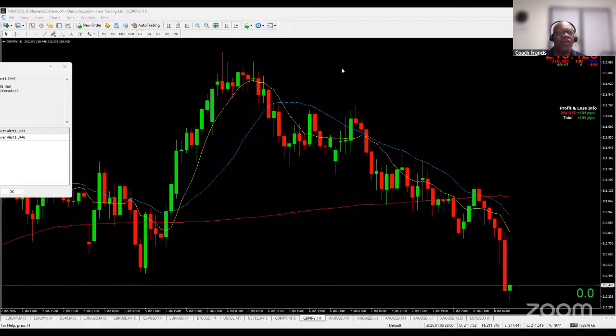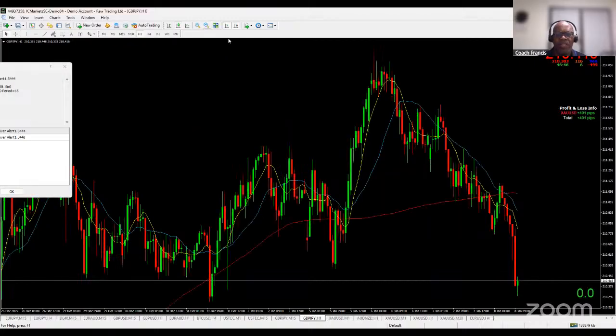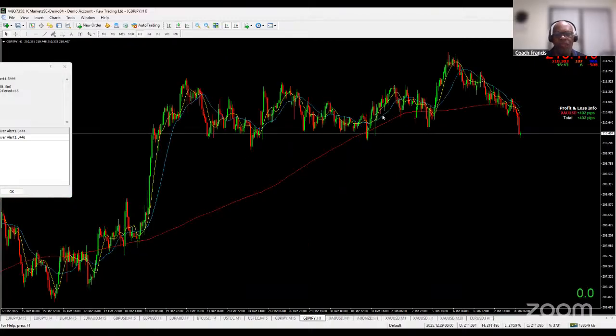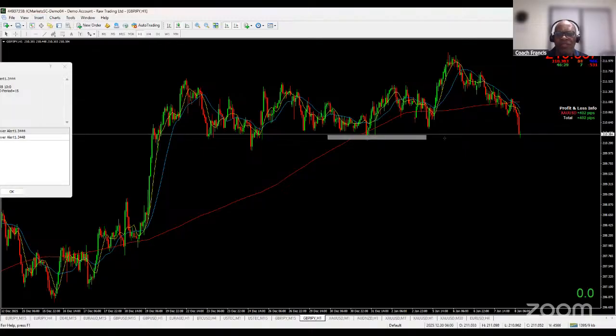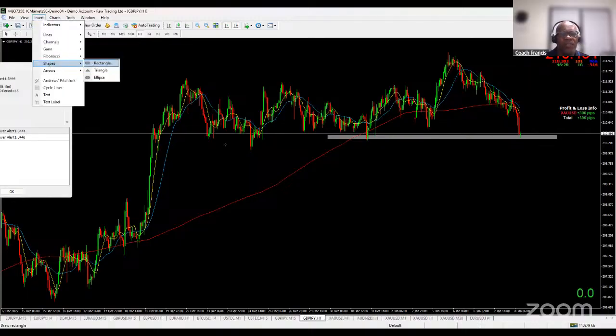This is just a corrective move in a bullish overall move. Let's mark out the area of short-term support and resistance. So price is pretty much at support now.